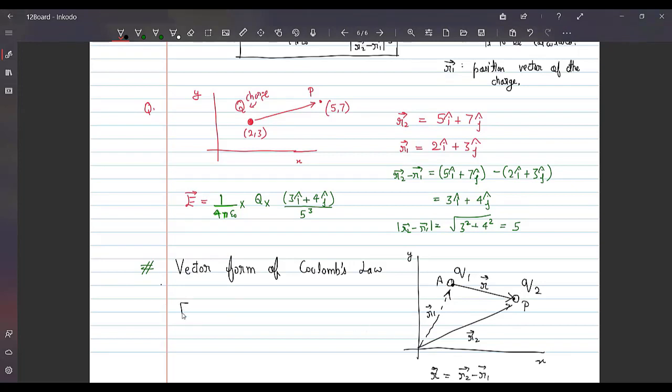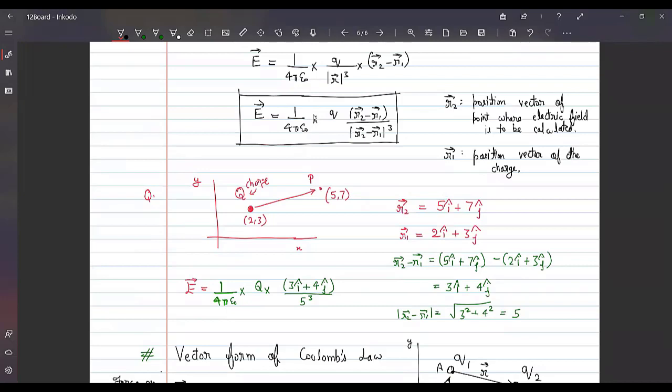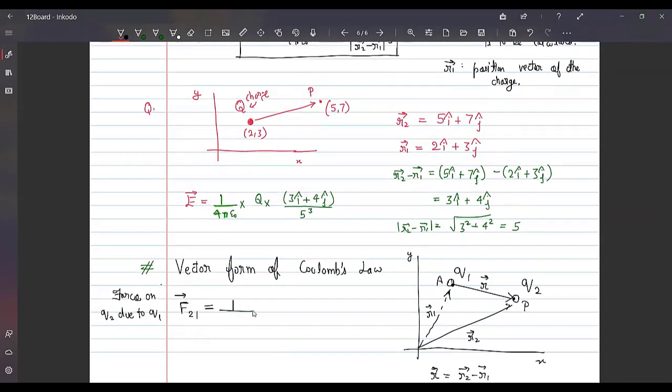So the force on charged particle 2 due to 1, that is force on q2 due to q1, equals just multiplying this by q2. So 1 by 4 pi epsilon naught, q1 q2 into r vector by mod of r cube. Here the r vector you can put from here.